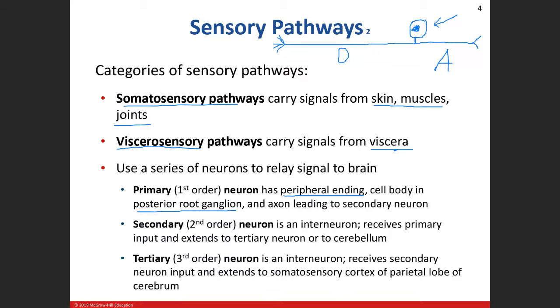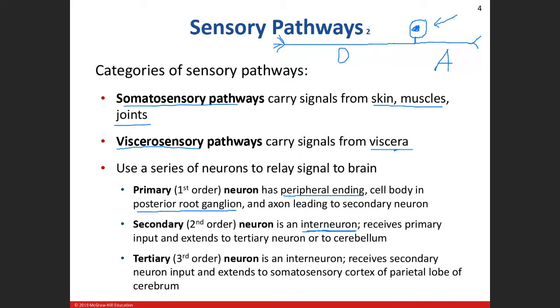Okay? Then the axon is going to head towards the secondary neuron. That'll be somewhere in, well, I won't say where it's going to be because it varies depending on which pathway we're talking about. Okay? So then the primary neuron is going to synapse onto a secondary neuron. Well, that secondary neuron is an interneuron. Okay?